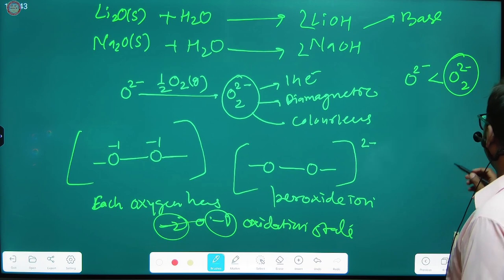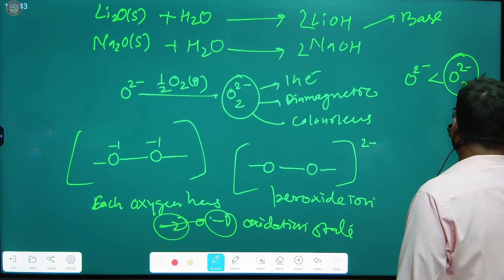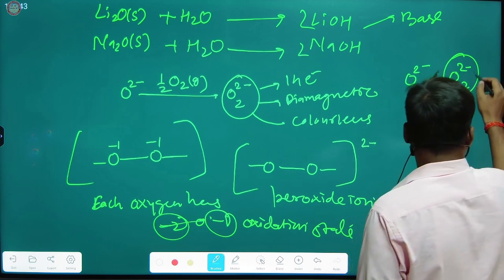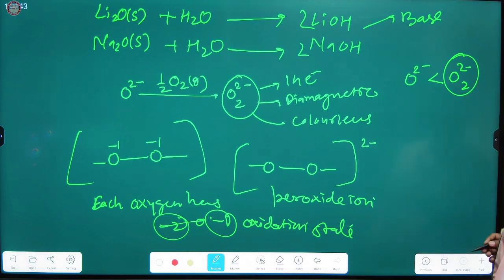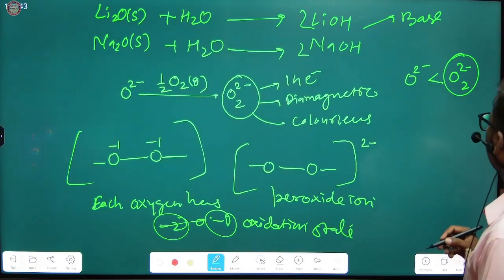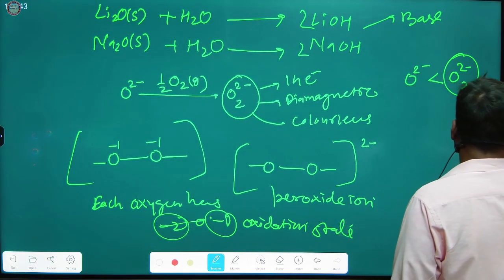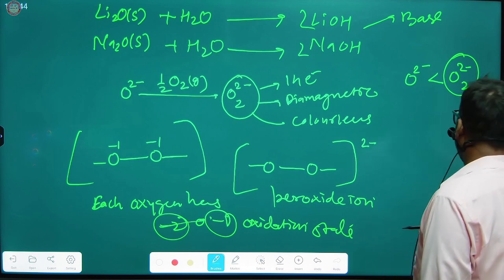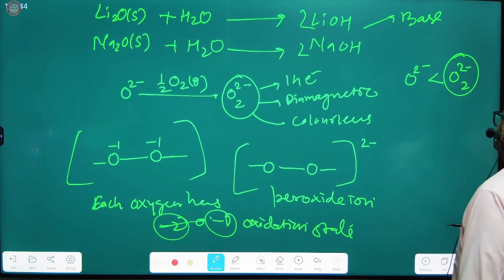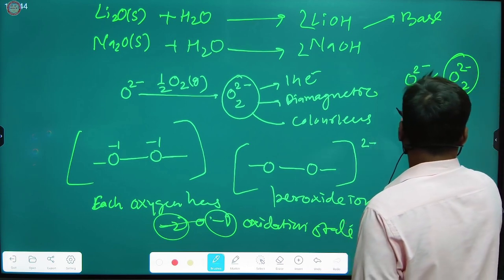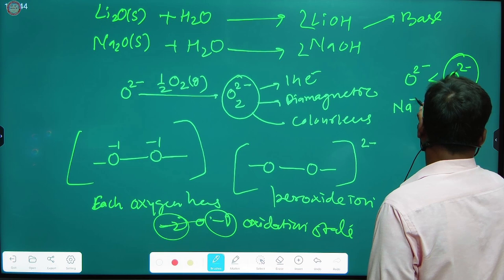So this peroxide ion will be stabilized by large cations. Suppose this is your sodium cation, right?